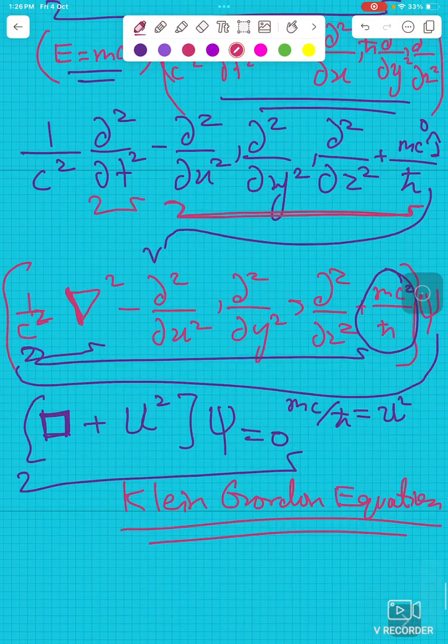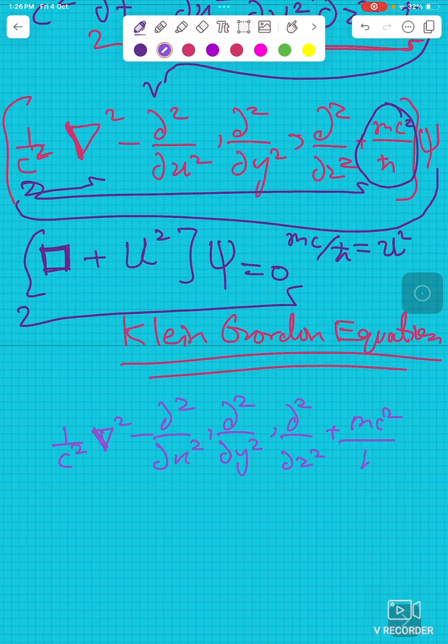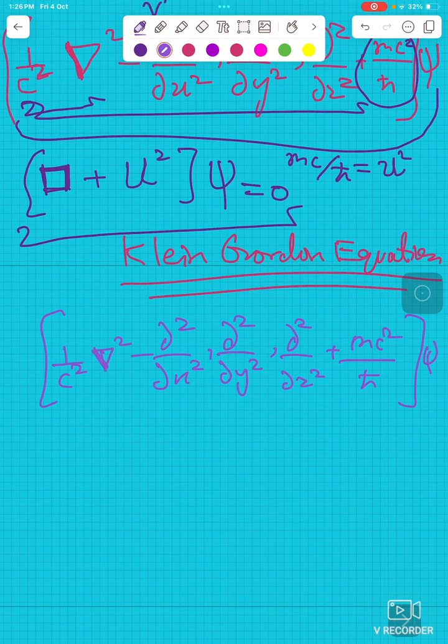And then again, if I combine this, or make a relationship between the equations, 1 over c square and 1 over c square, minus d square over dx square, d square over dy square, d square over dz square plus mc square over h bar, psi.